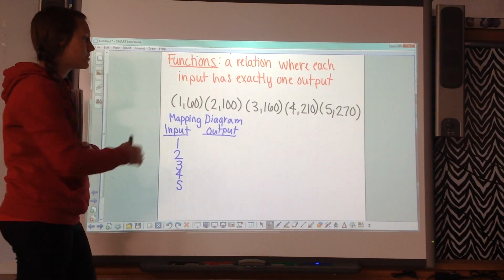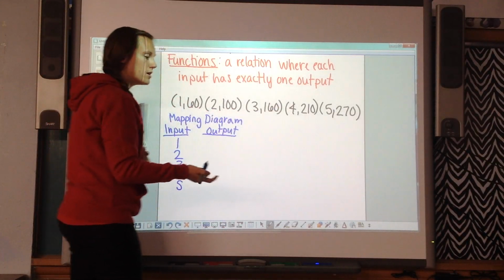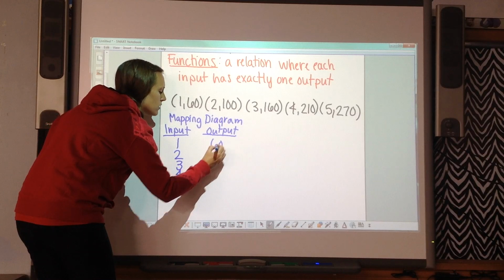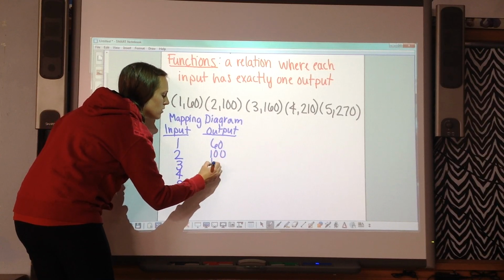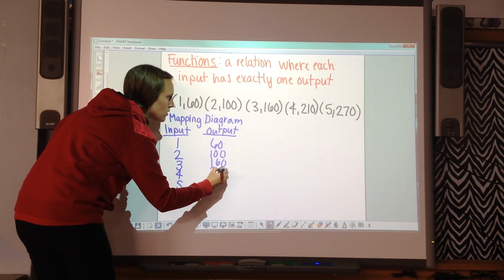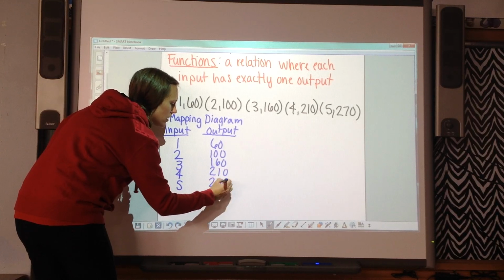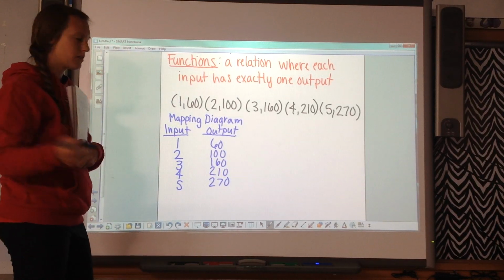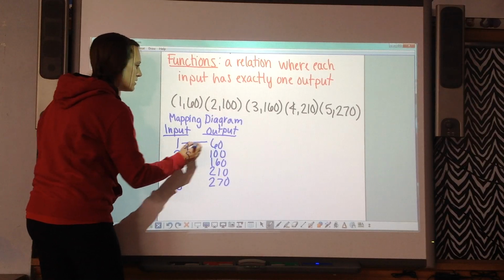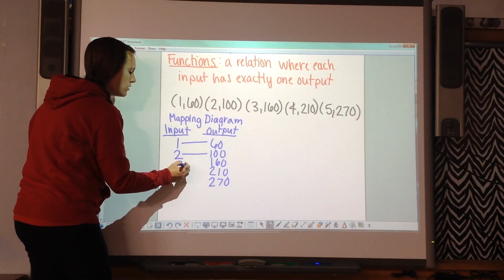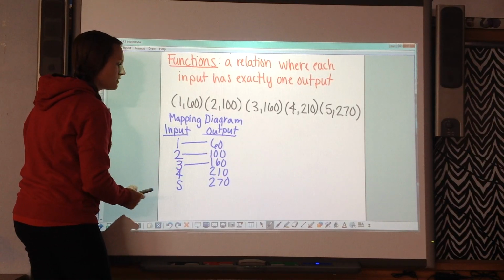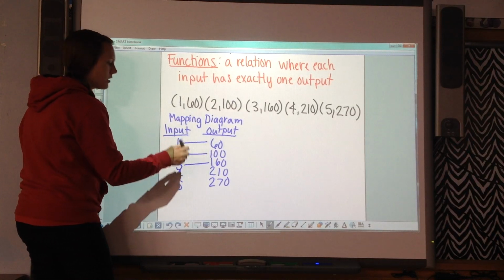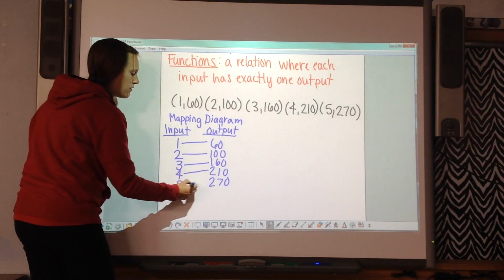And same with my outputs, they have to go in numerical order, and they're already in numerical order for me. And then I'm going to map, I'm going to connect the ordered pairs. So I have (1, 60), (2, 100), (3, 160), and then I have (4, 210), and (5, 270).